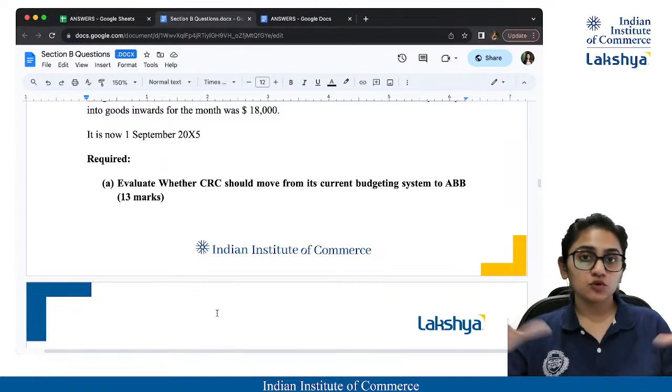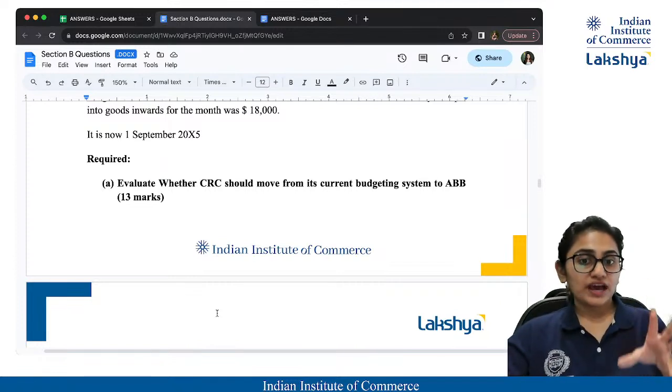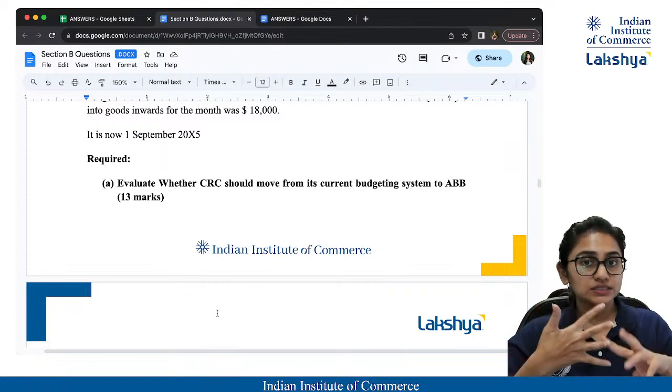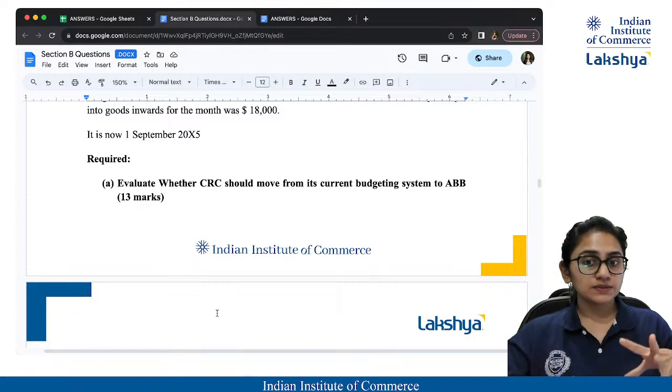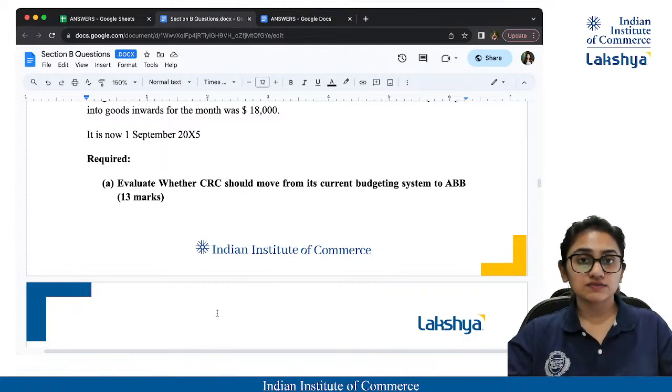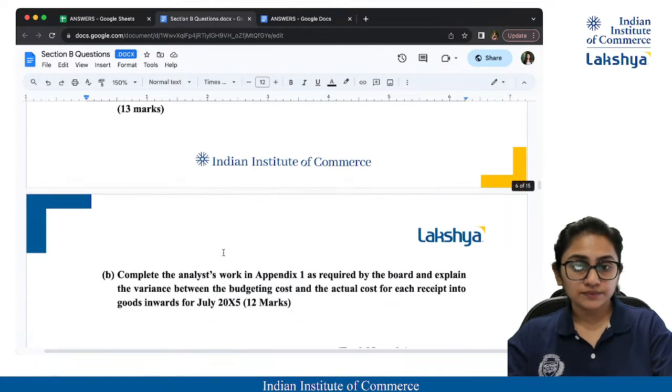Remember yesterday I showed you evaluate, discuss, define, the difference between them. Evaluate means you have to give them a decision regarding whether they should move from the current budgeting system to ABB. For that we have to give the advantages and disadvantages of their current budget and of the ABB.